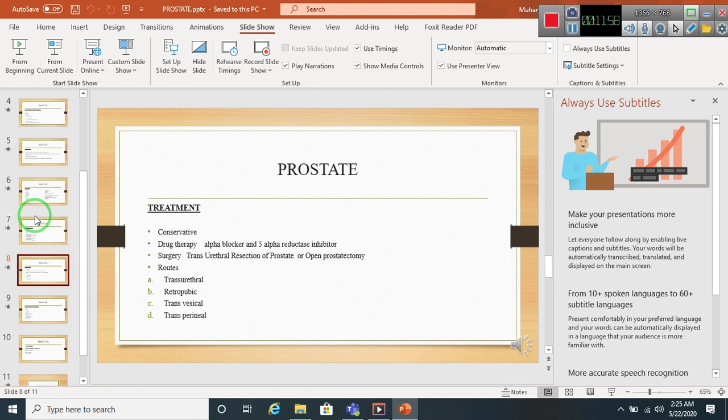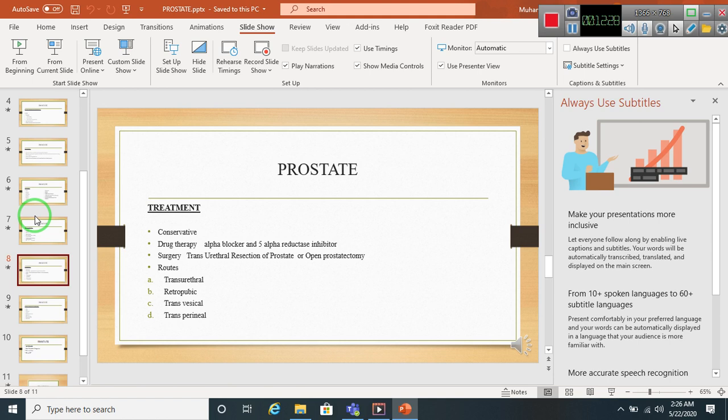The old method was the open prostatectomy through different routes, that was retropubic, transvesical or transperineal, that is through the pubic region or through the vesical region or through the perineal region. Now transurethral TURP is the talk of the day, and TURP is transurethral resection of the prostate gland.